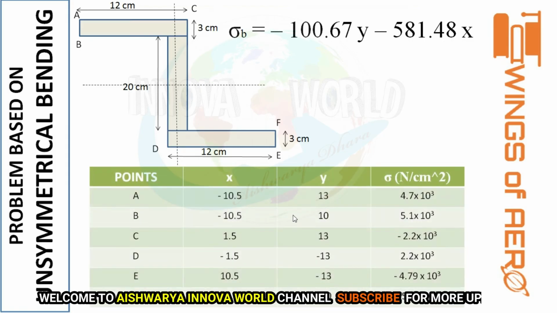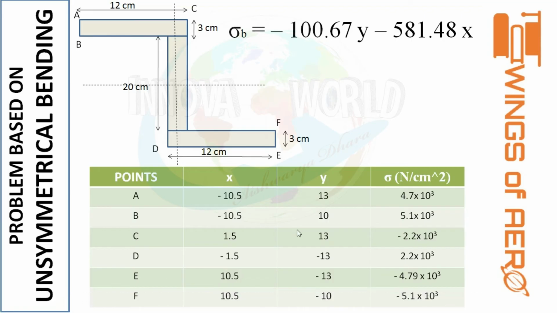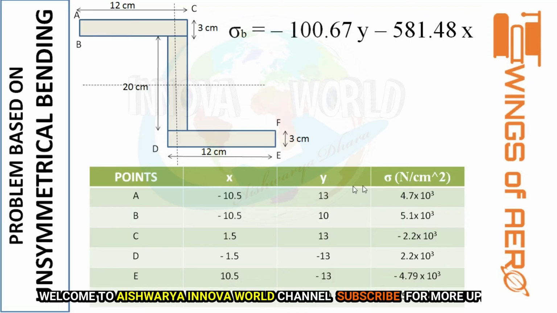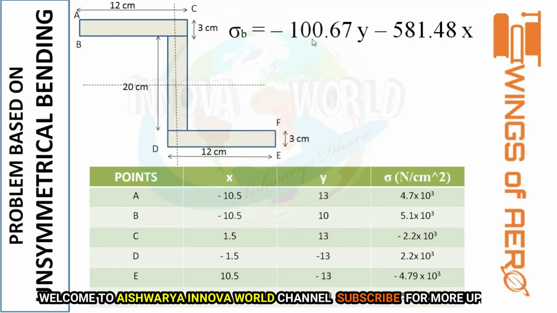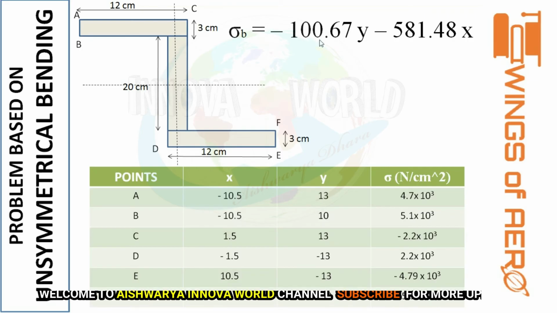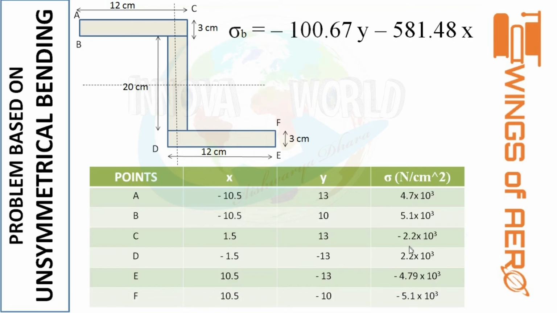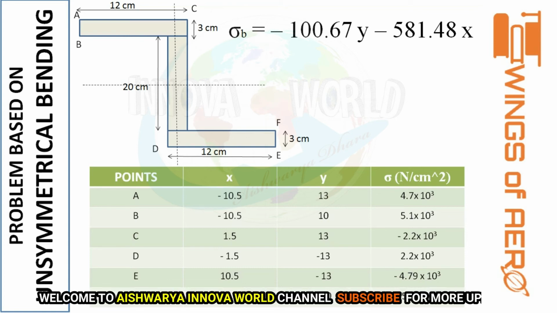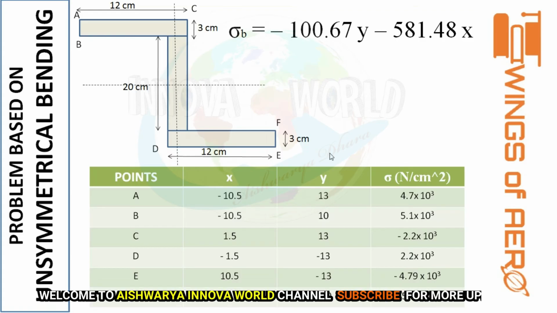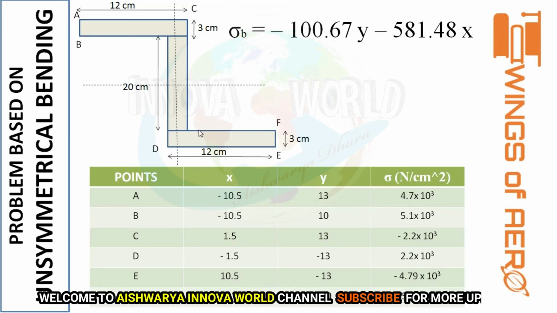Using the table, I have found the x and y values of each coordinate, and substituting for each coordinate I have applied the bending stress in this general equation, and we got these subsequent values. Here I will tell you, we have 6 points. In these 6 points, how have we obtained these x and y values?